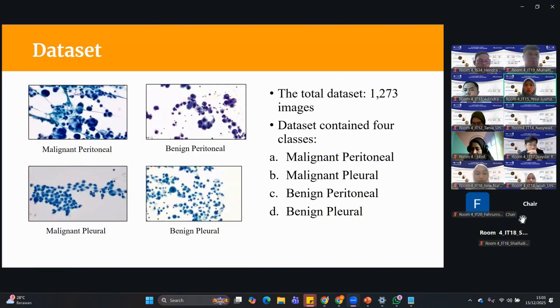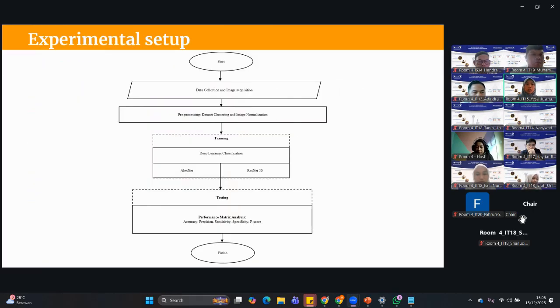The dataset used in this study consists of 1,273 histology images categorized into 4 classes: malignant peritoneal, malignant pleural, benign peritoneal, and benign pleural. The proposed classification system consists of 3 main stages: preprocessing, training, and testing.